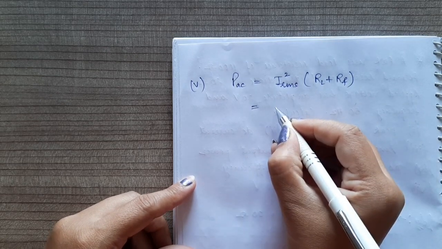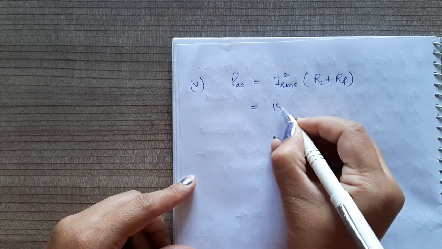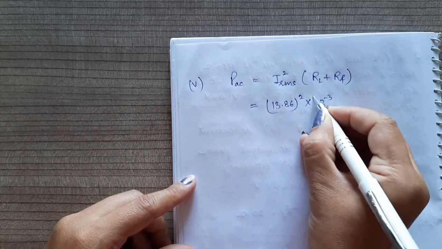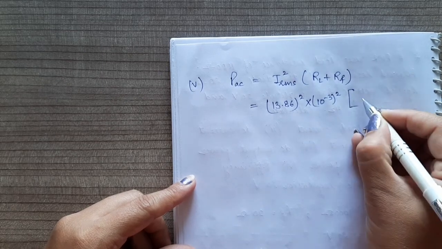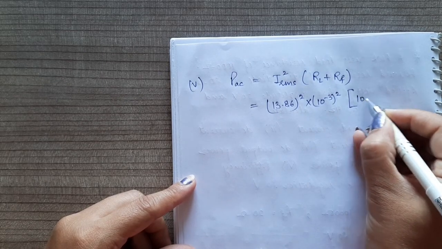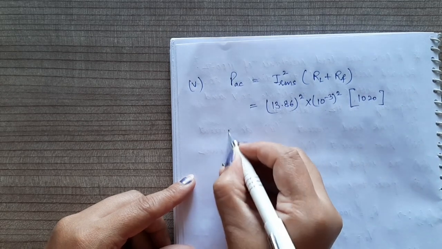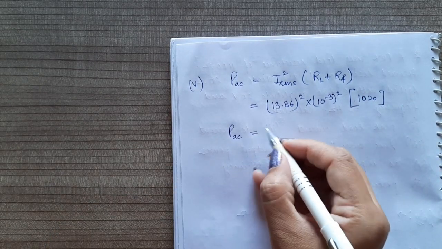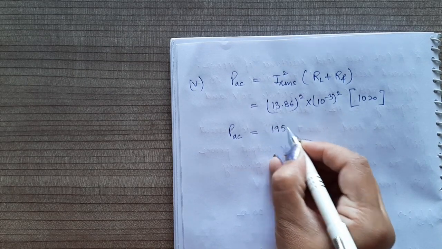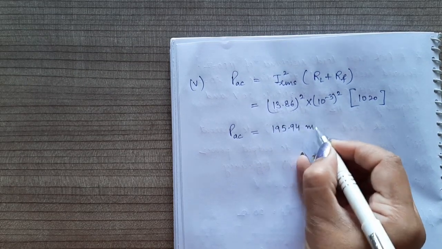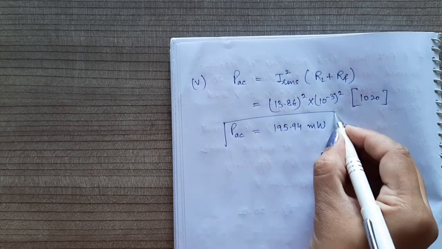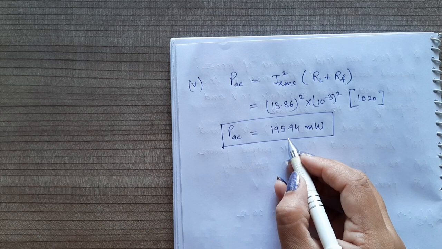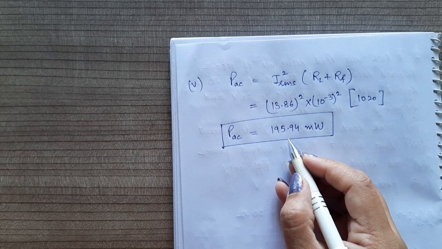We have calculated IRMS as 13.86 milliampere, so 10 raised to power minus 3, squared, into RL plus RF, which is 1000 plus 20, means 1020. So AC power will be 195.94 milliwatt. This is the supplied power, and out of this 195.94, 156.25 is being converted into DC power.